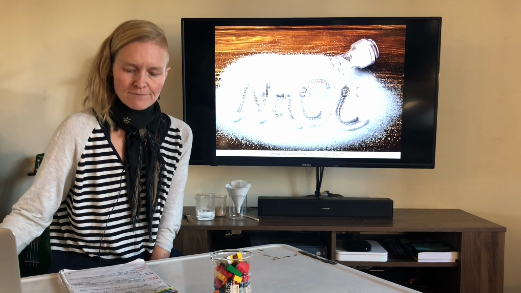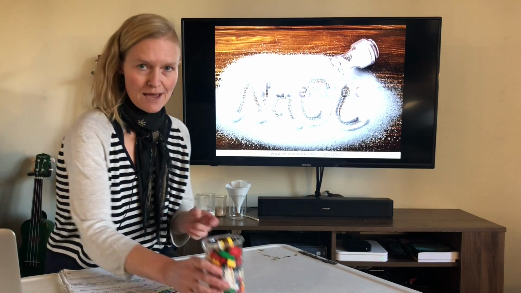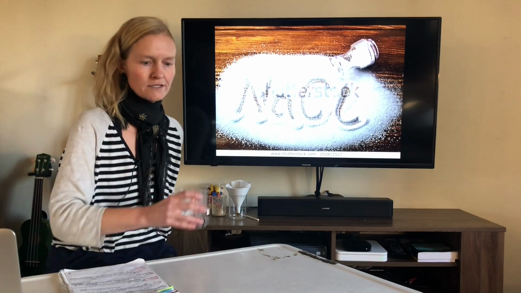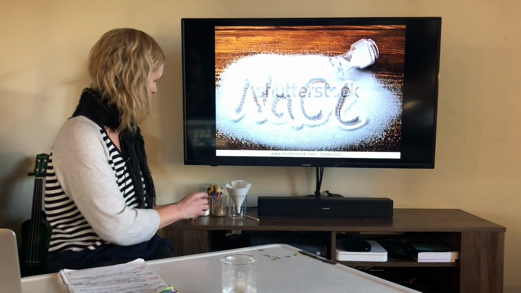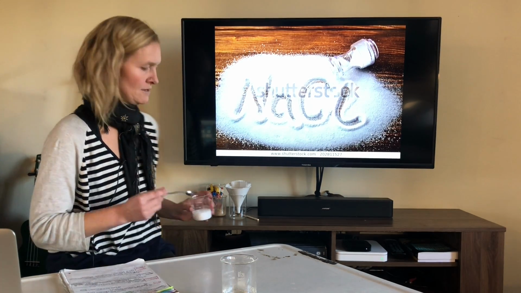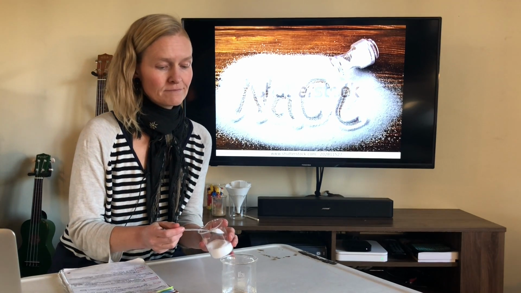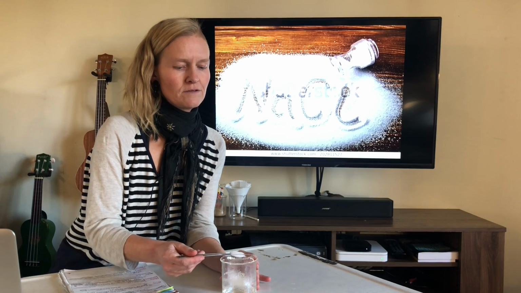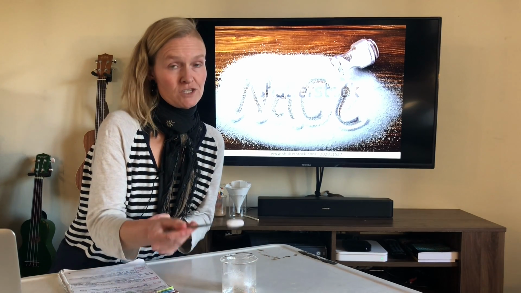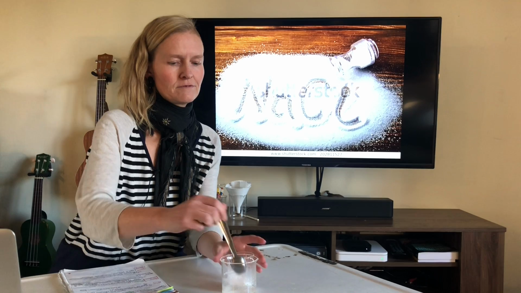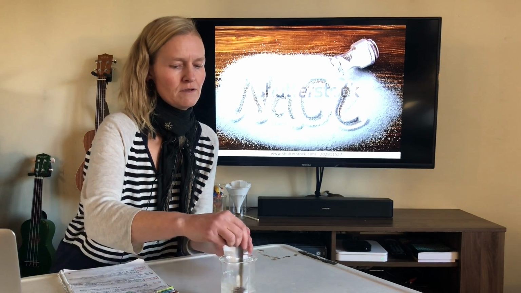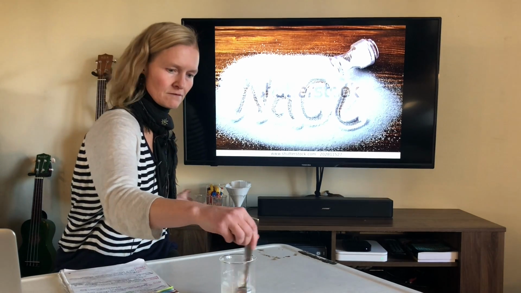And I'm just going to show you another example of a mixture. So if we take water and we add some sodium chloride, which is table salt. Add a little bit more there, mix it together.